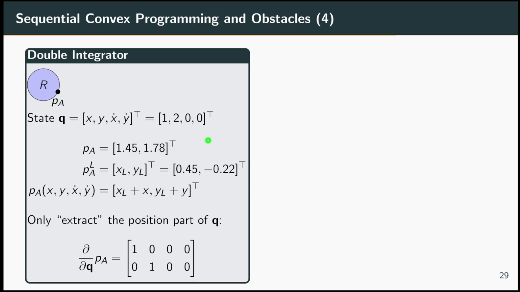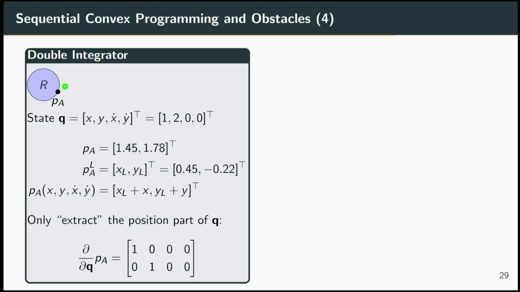And this highly depends on the shape of the robot and also on the dynamics of the robots. So if we think about this robot being just a double integrator with these dynamics x, y, and x dot, y dot, then this point PA here will just move exactly like the robot itself moves, right?